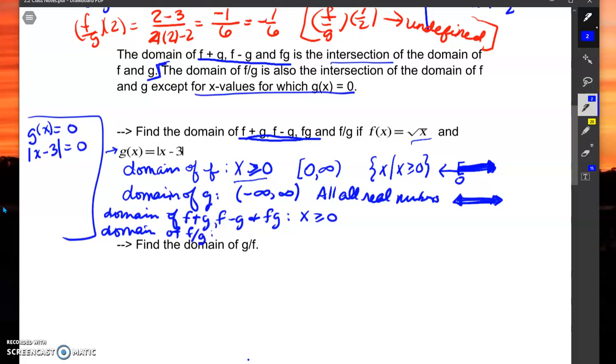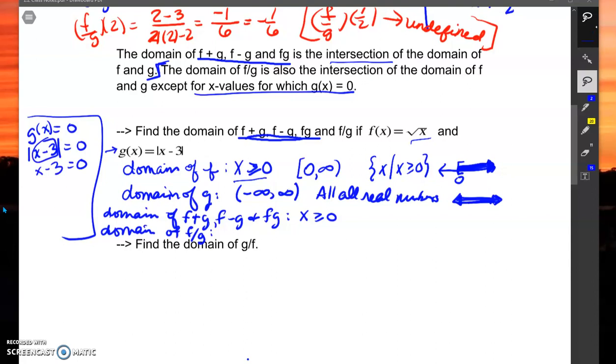Well, there's only one, right? The absolute value of 0 is 0. So if x minus 3 is 0, then by adding 3 to both sides, we get that x is equal to 3.